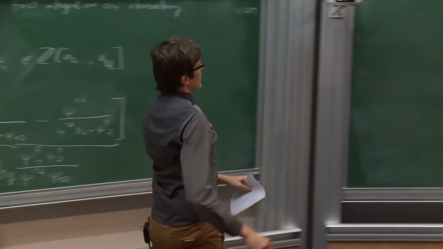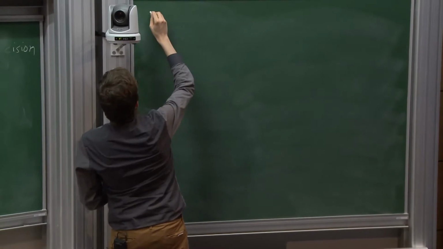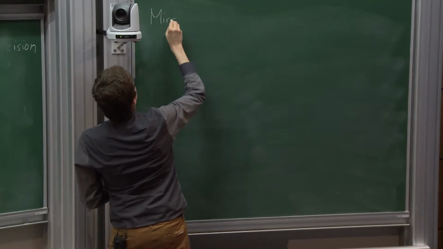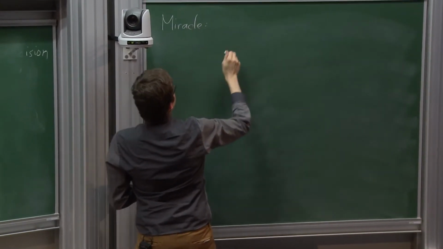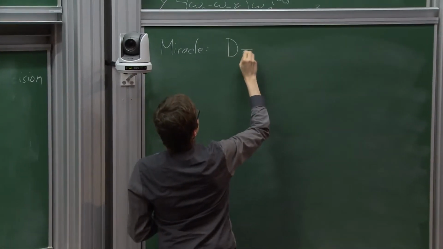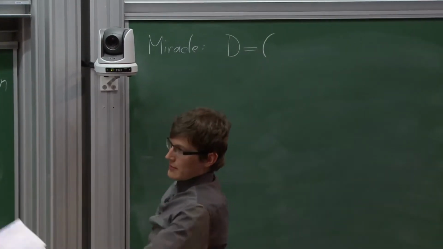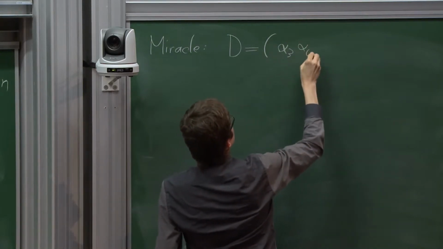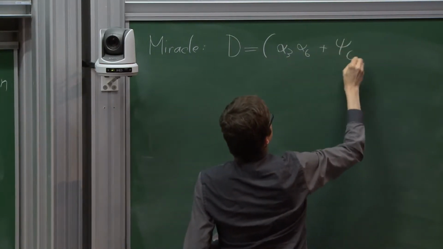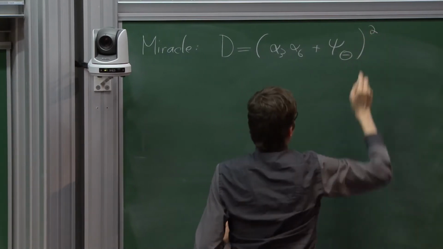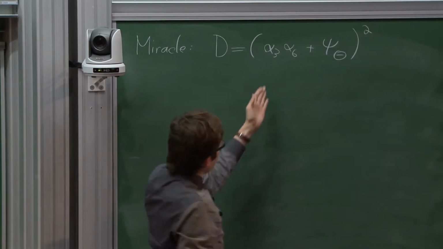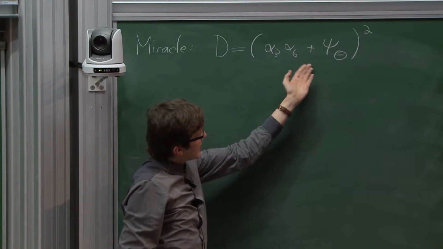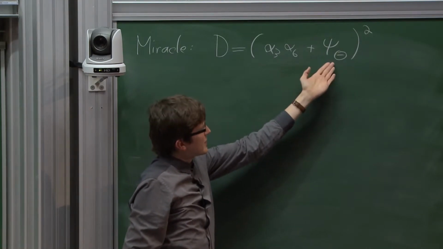So we observe, so there's a miracle happening here, namely that this thing actually is a complete square, which you can see over there. So it's just alpha 3 times alpha 6 plus the sunrise polynomial, squared. And this thing inside the square is again linear in each variable, because we know that psi itself is linear in each variable.